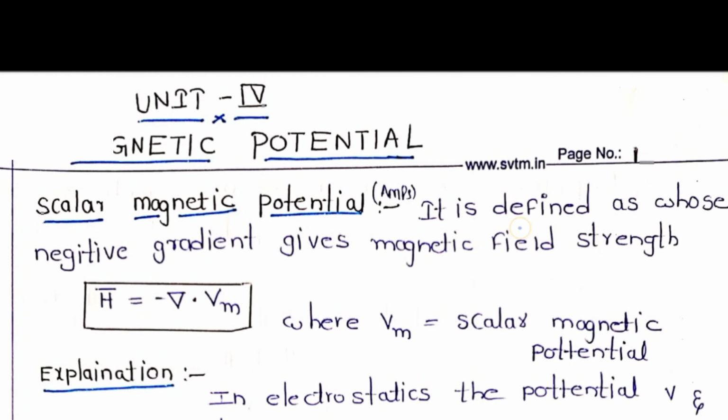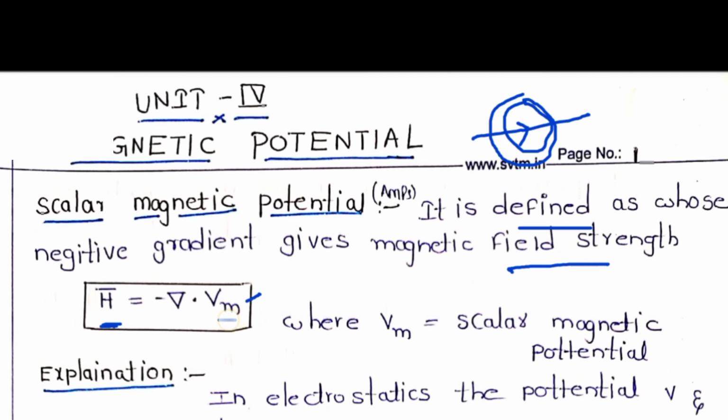First we need the definition of scalar magnetic potential. It is defined as the quantity whose negative gradient gives the magnetic field strength. If charge is moving inside a conductor, a magnetic field is created around it. Why is the magnetic field created?